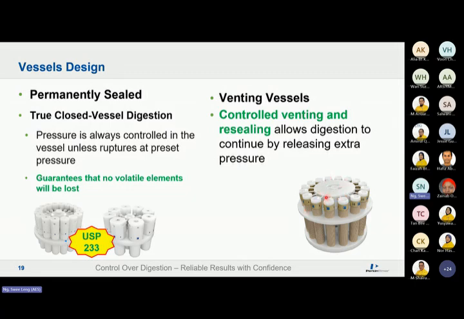So when we release, with other people's venting vessels, when they vent out, they vent into the oven and to the environment. Then later your electronic parts are all corroded. But for us, if we vent out, it goes into the gas manifold and we neutralize it before we release it to the environment. The same goes for the closed digestion system.